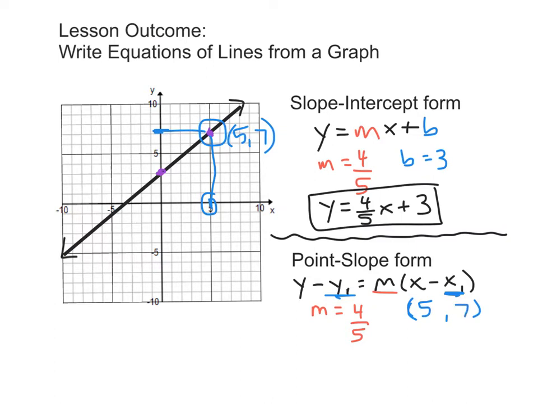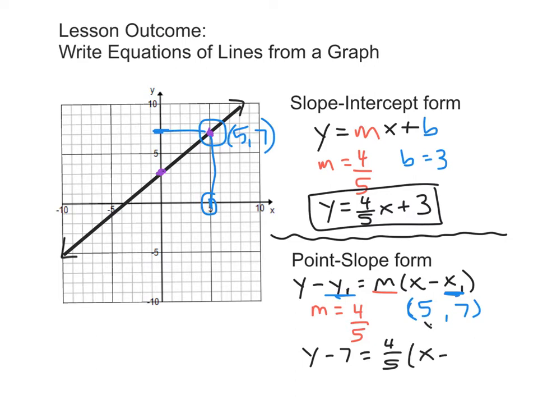So now to write this equation in point-slope form, we're going to write y, and then what goes next to this, remember, is our y1. Well, our y1 is 7. So we're going to write y minus 7 equals 4/5, which is our slope, and then x minus our x1.